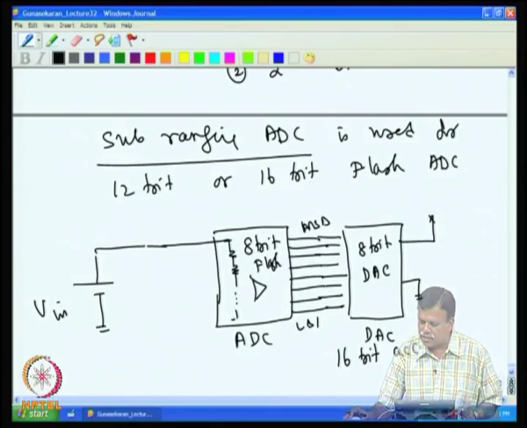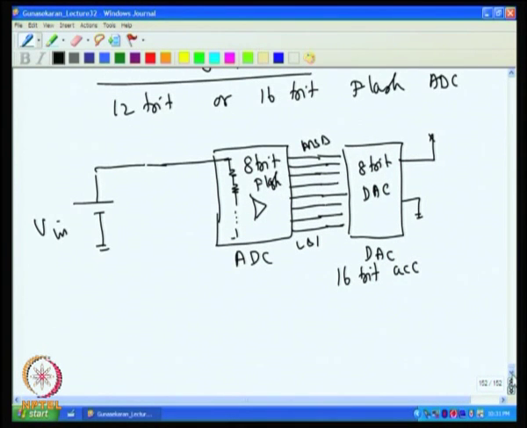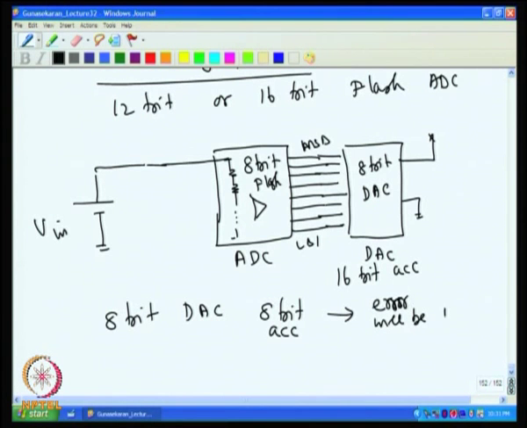16 bit accuracy is maintained, in the sense that if it is an 8 bit DAC with 8 bit accuracy, then the error can be 1 LSB maximum.